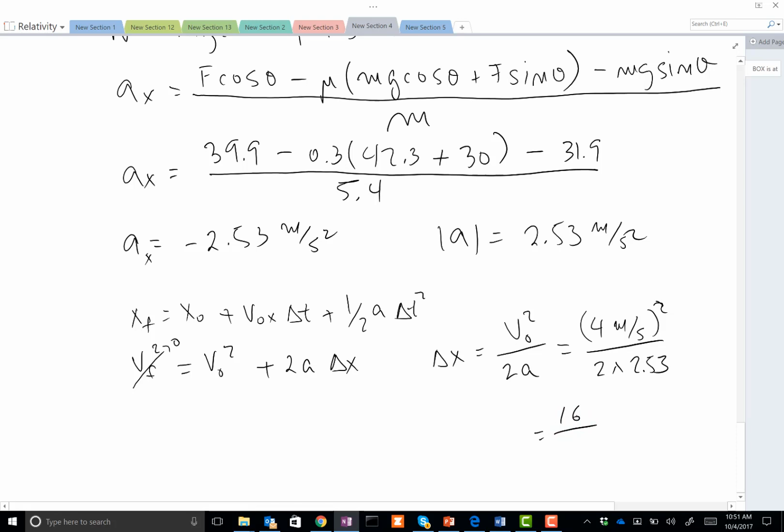Let me just do that quickly in the calculator. 16 divided by 2.53... I need to divide again by 2.53. It is roughly equal to 2.5 meters. So that's as far as it goes.